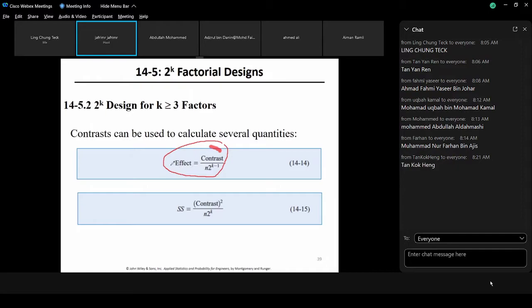For example, if you want to calculate the effect of A, that's why you need to know contrast.